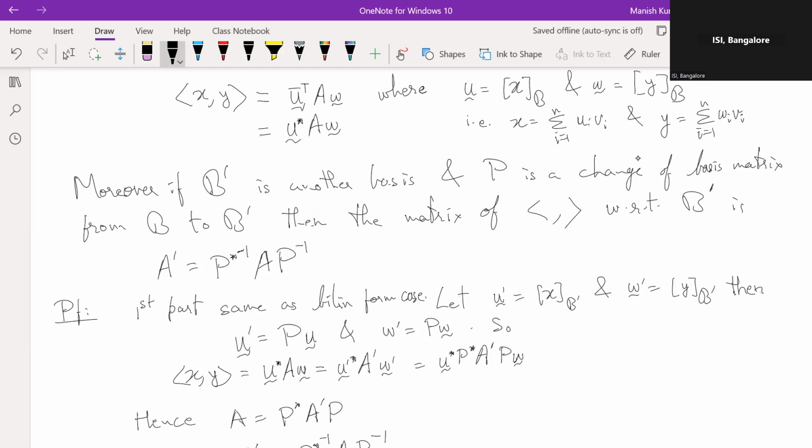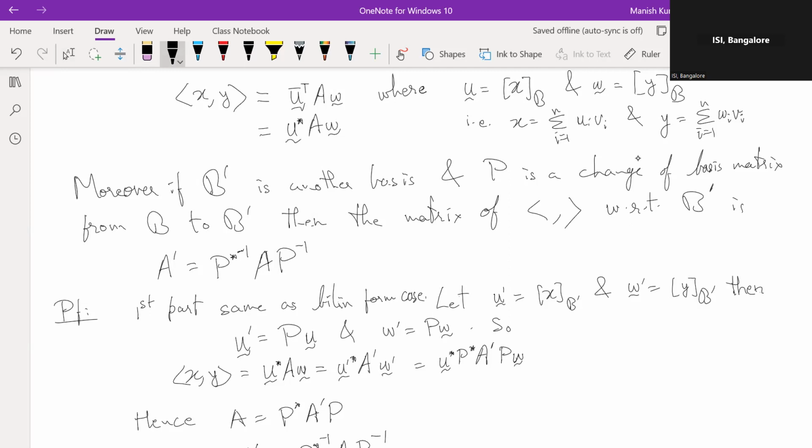So this pairing x comma y, since A is the matrix of this Hermitian form with respect to B, is just u star A w. That is from the first part.